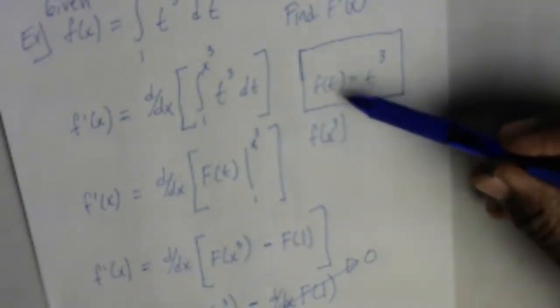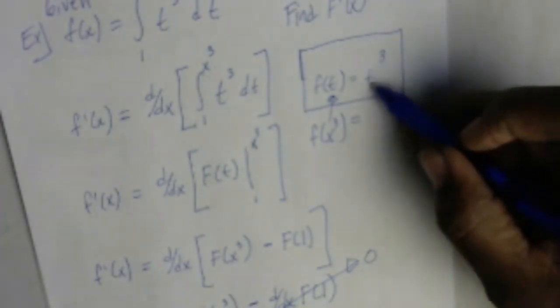All right, so in simplifying this further, how do we find f of x cubed? Well, I'm going to go back here. To find f of x cubed, I'm going to back substitute into my f of t equation.